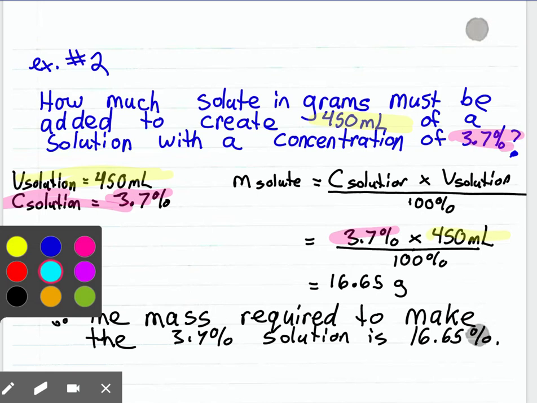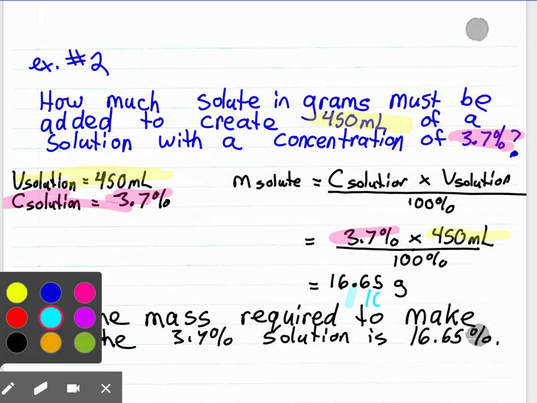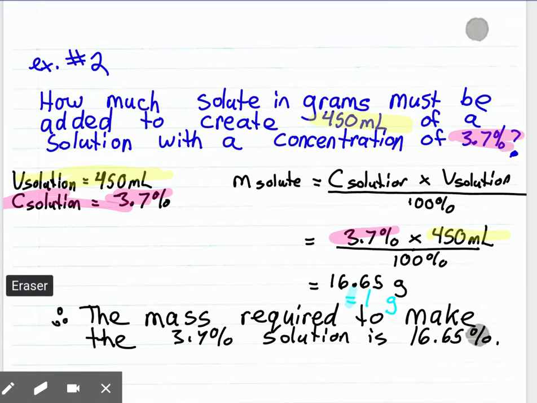And I actually did not follow my own rules here because my significant digits tell me that my answer should only have 2 significant digits. So our 16.65 should get rounded up to 17 grams. Again, I've got my units and my proper significant digits.